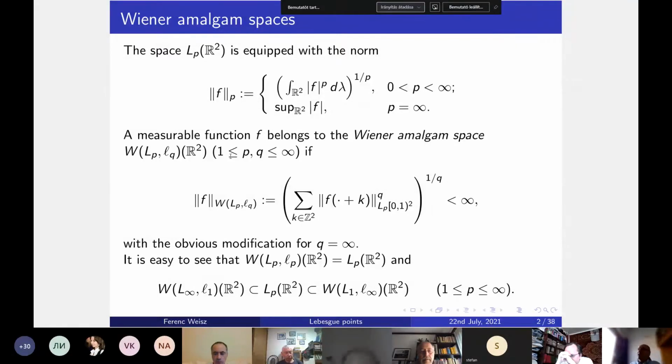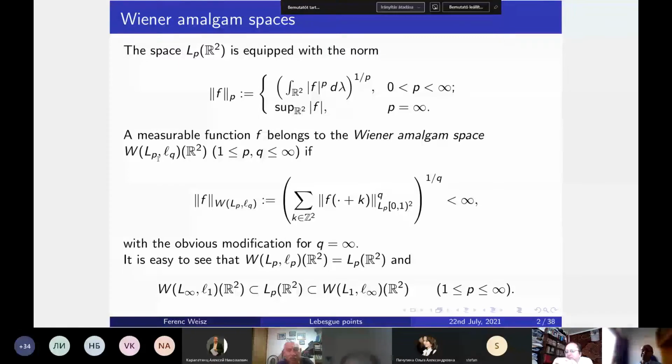Probably you know the next definition. This is a generalization of the L^p spaces. We say that a measurable function f is in the Wiener amalgam space W(L^p, L^q), if this sum is finite.